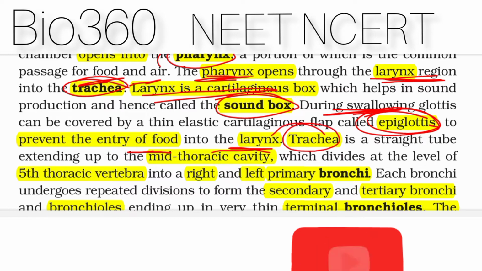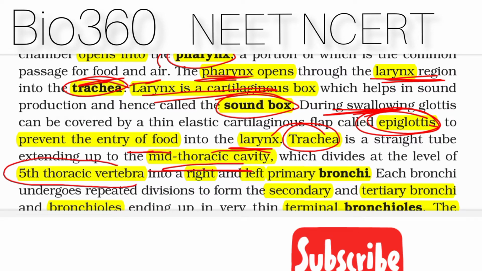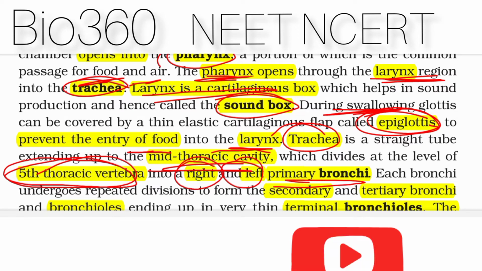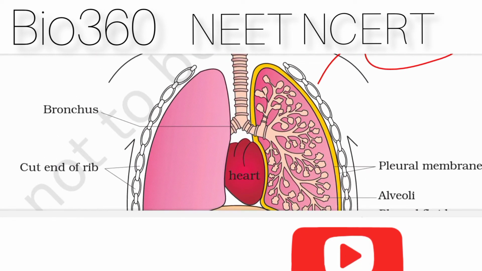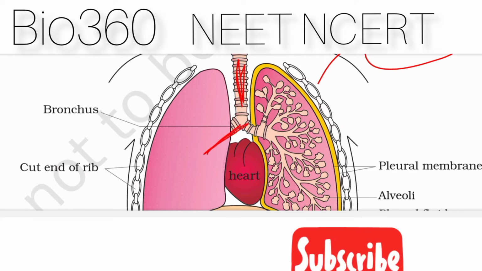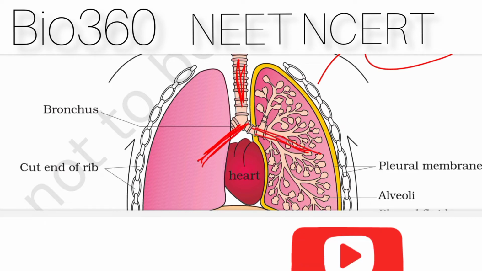The trachea, which is a straight tube, extends up to the mid-thoracic cavity, where at the fifth thoracic vertebra it divides into right and left primary bronchi. You can see it in this diagram. This is the trachea, which is a straight tube which divides into left and right primary bronchi, which enter into the lungs.